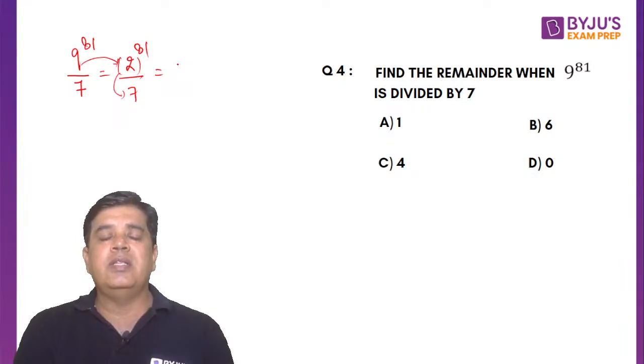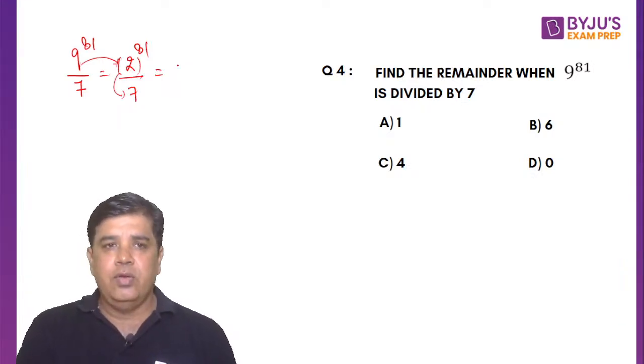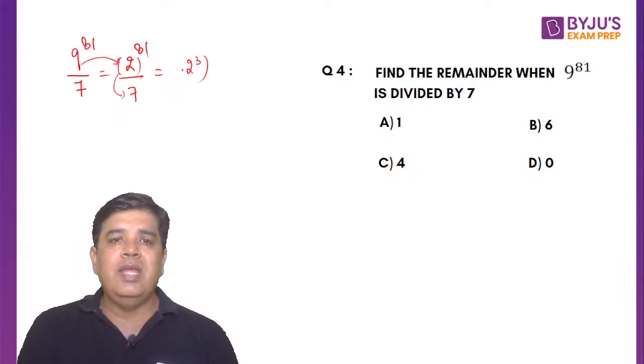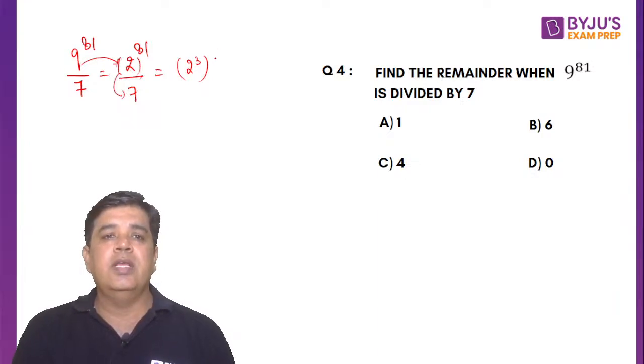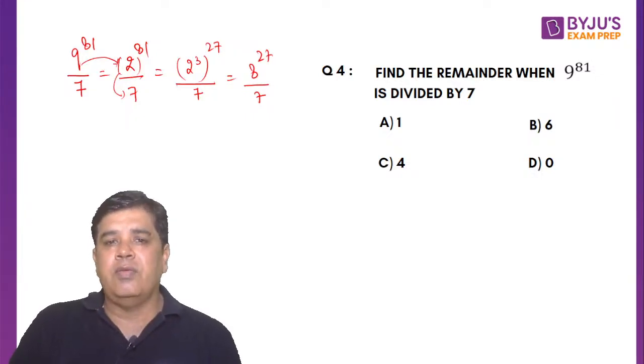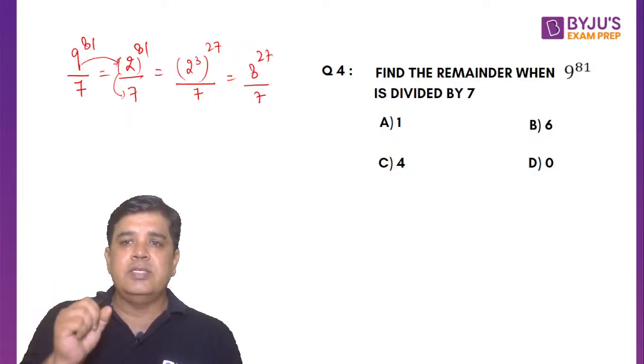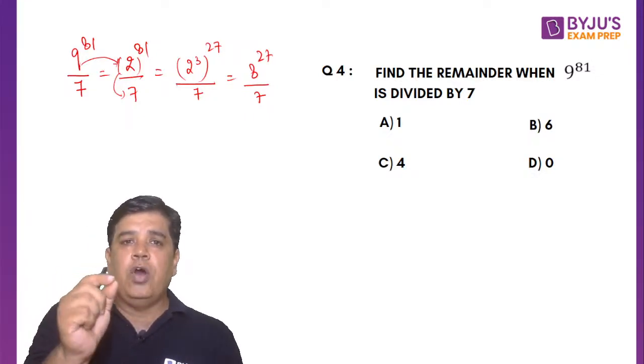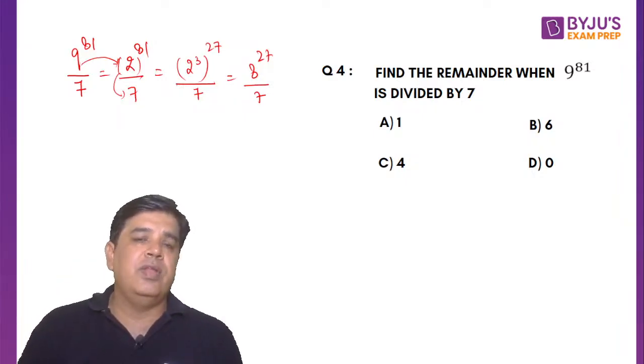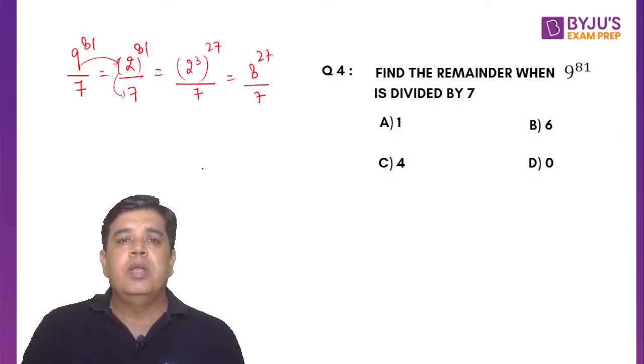It should be more than 7, only then we can divide it. So 2 raised to power 3, which is 8, is more than 7. So let me break this 81 power as 3 into 27. After writing this as 2 raised to power 3 raised to power 27, we are able to convert this into the form of 8 raised to power 27, divided by 7.